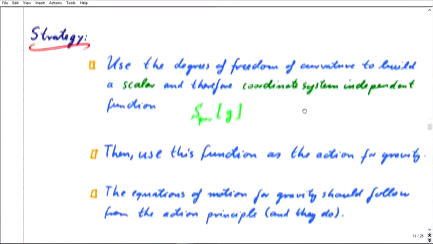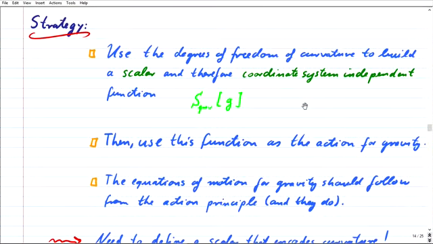Now, we need something, of course, that does not depend on choices of coordinates. So what we need is a coordinate system independent action for the metric, so that we can then formulate the equations of motion, again, in a coordinate system independent way.